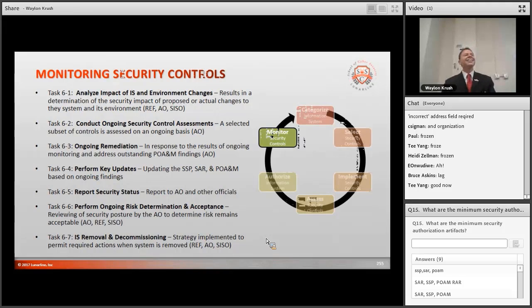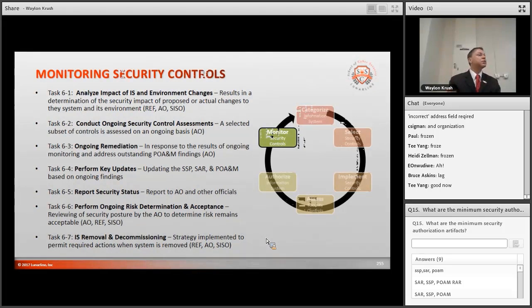And then last but not least is the IS removal and decommissioning. You now have a registration number for your FISMA system, right? That system doesn't go off OMB's, DHS's, and the IG's radar until you've completed all the requirements from the decommissioning, and that's a deregistered number.